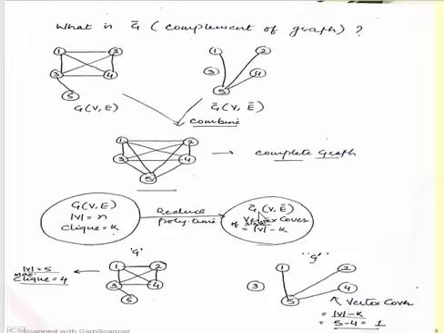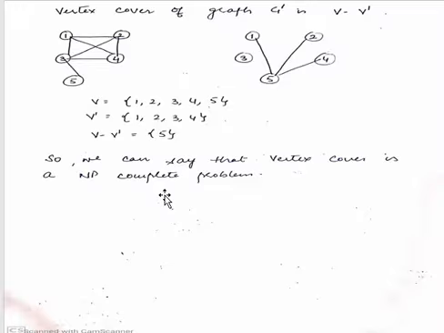And one thing more here: what is a vertex cover of this? This is the size. The size of the vertex cover is V minus K, but what is the vertex cover itself? The vertex cover is given by V minus V dash. For this graph, what is V?